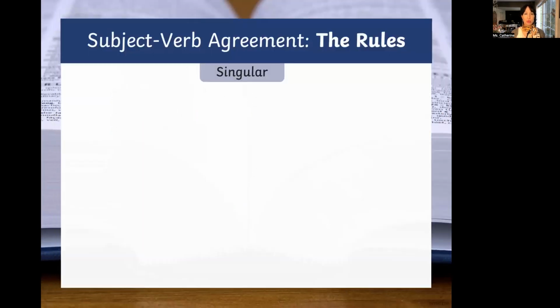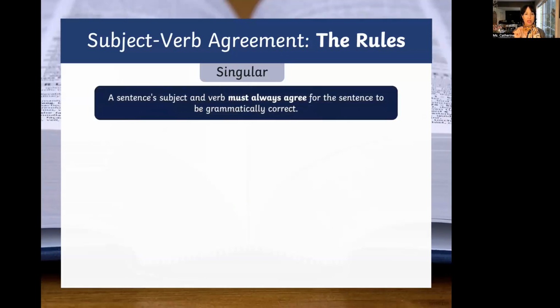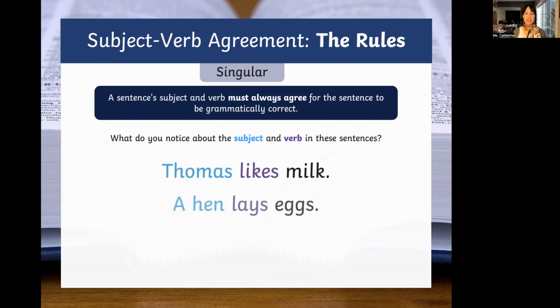All right, so the rules for subject-verb agreement, singular. Remember singular? One. A sentence's subject and verb must always agree for the sentence to be grammatically correct. So what do you notice about the subject and verb in these sentences?